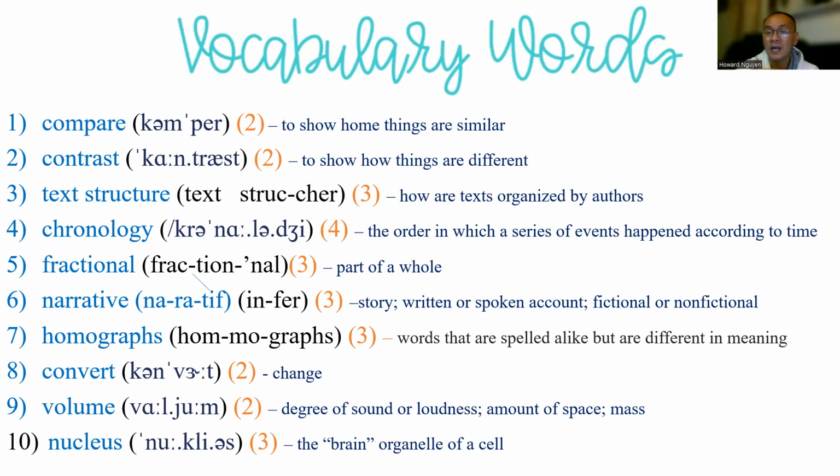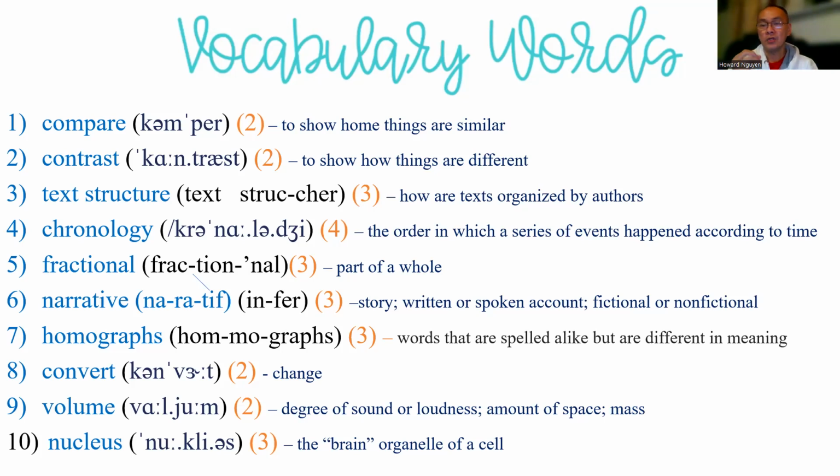You are a student. I am a teacher. How are we the same? We are both human. Because we are humans, we are similar. That is compare. You are a student. I'm a teacher. How are we different? When we contrast, because you are a student, I am a teacher. So that's a contrast.